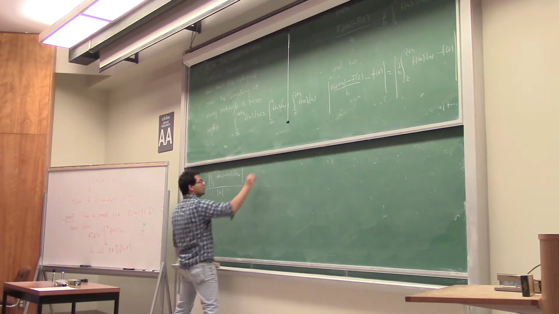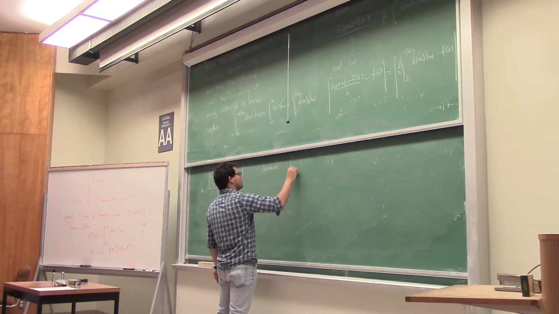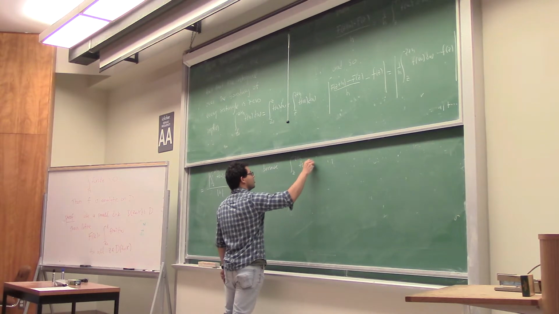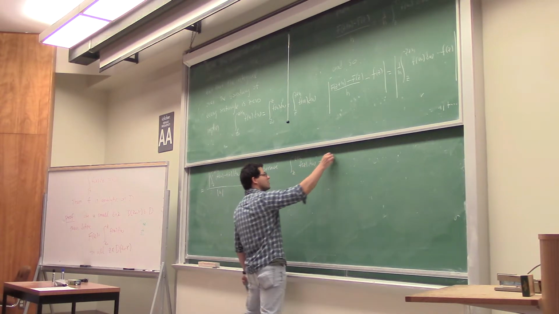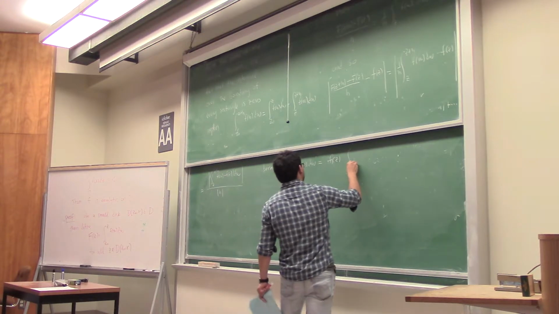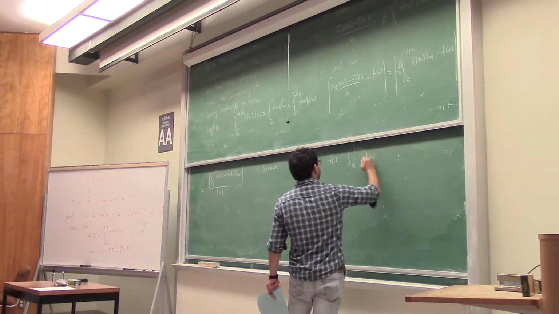And that is because the integral between z and z plus h of f of z dw, what is that? Well, with respect to w, f of z is constant, so you can take it out. And you get the integral between z and z plus h of dw.